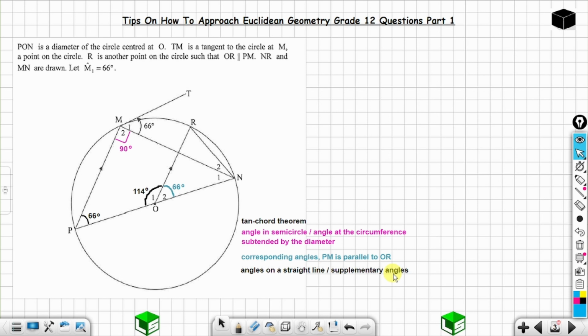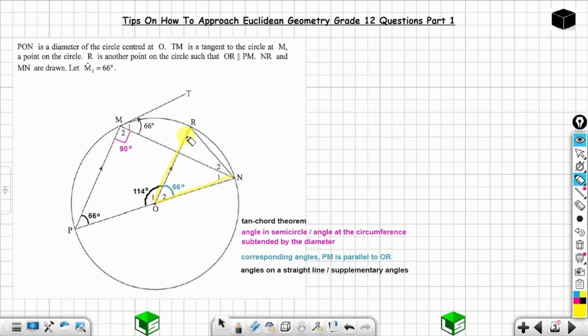You can also see that this is a radius. Let me use my highlighter. This is a radius and this is a radius. So you have two radii. You know that the length is the same. So this is an isosceles triangle.